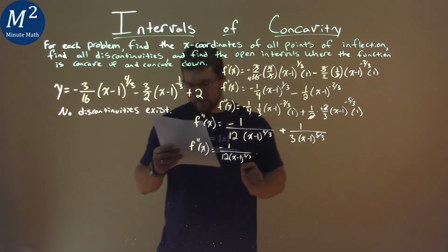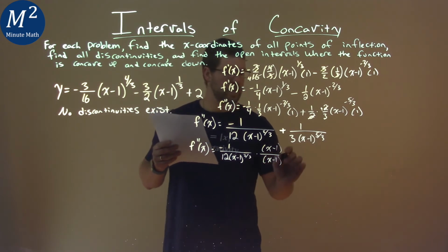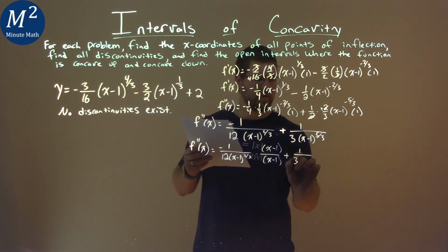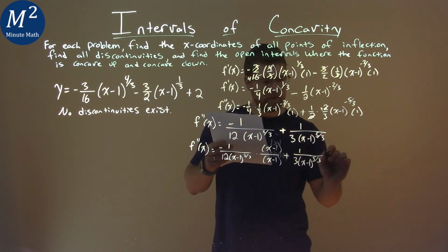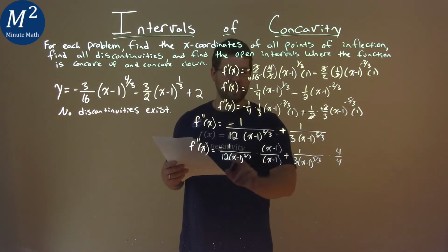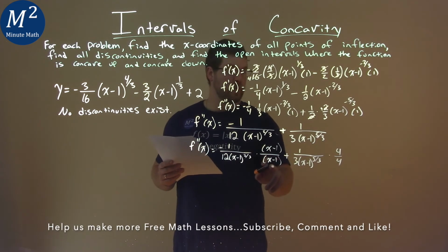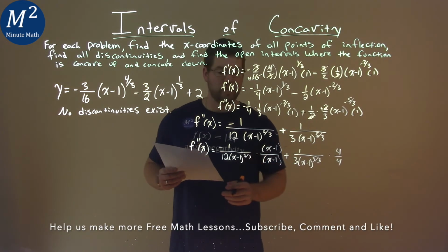And I'm going to multiply this by x minus 1 over x minus 1. Plus, right-hand side, I have 1 over 3, x minus 1 to the 5/3 power. I'm going to multiply this one by just 4 over 4. Notice 4 times 3 is going to be that 12. We'll match up there. And then x minus 1 is like the 3 to the 3/3 power, right? Out of the exponents, we have the 5/3 power.